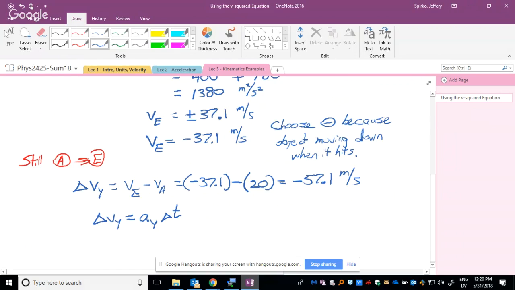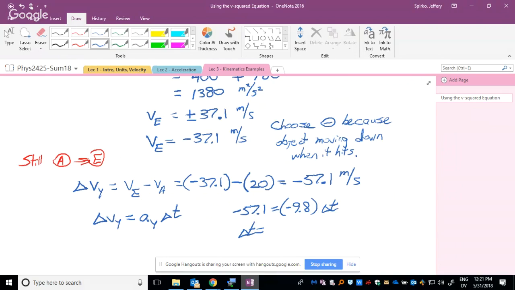Acceleration causes velocity change. So now we know that negative 57.1 is equal to negative 9.8 times delta t. So delta t is equal to 57.1 divided by 9.8.